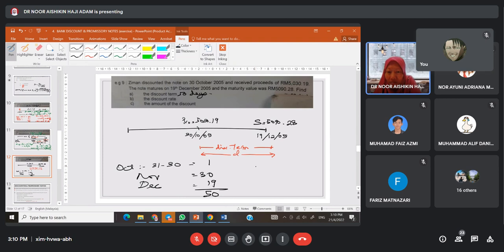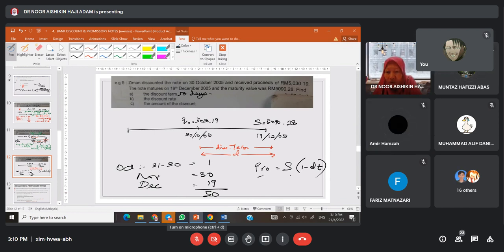Kita guna formula proceeds. S times 1 minus dt. Betul? Betul. We have proceeds, we have S, we have T, where T is 50 over 360. So what is the discount rate?